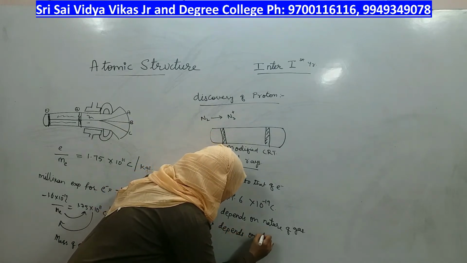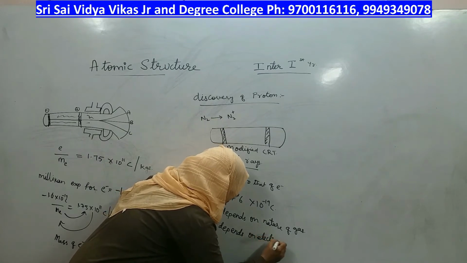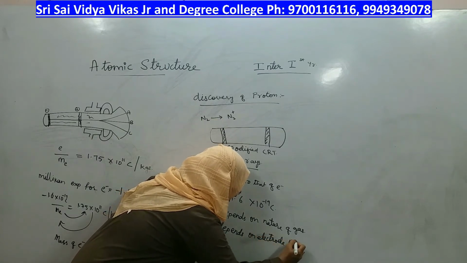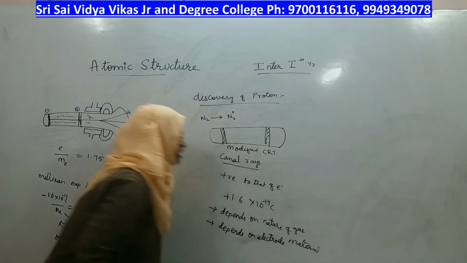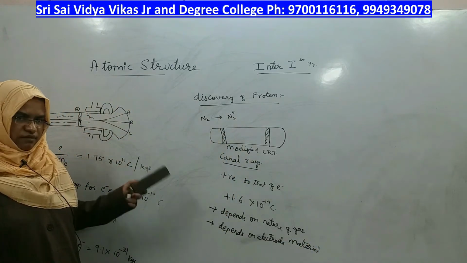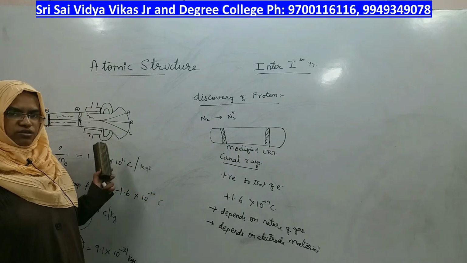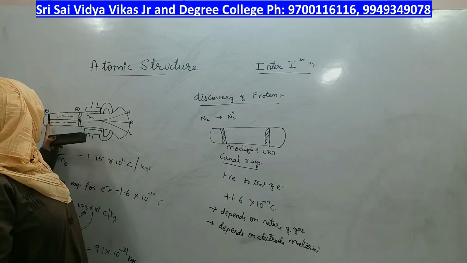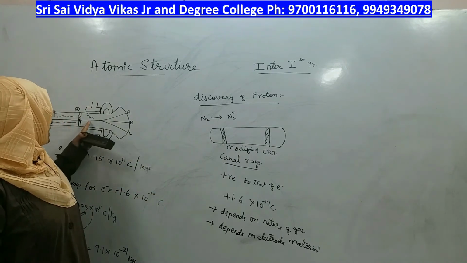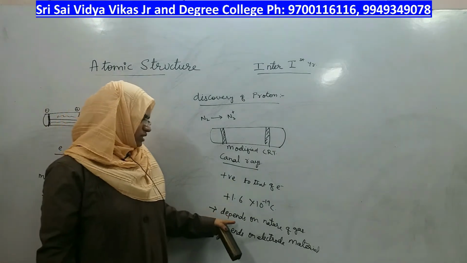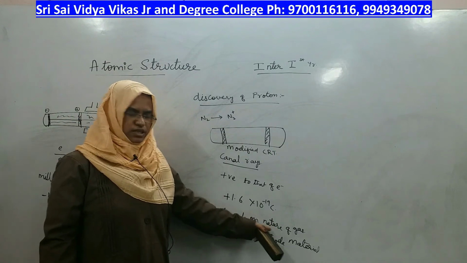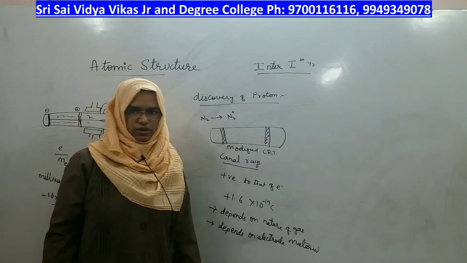It depends on the electrode material. Though they have the same charge value, the electron was independent of the nature of the electrode material and the nature of the gas inside the tube, whereas the proton depends on the nature of the gas and also on the electrode material.